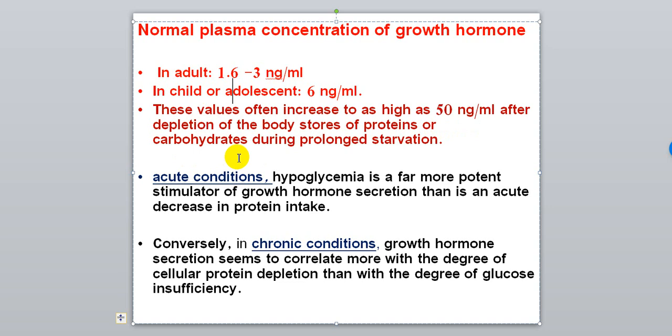That means if there is severe deficiency of carbohydrate and proteins when a person is under starvation or fasting for a prolonged period, there is a severe requirement for energy that stimulates the pituitary gland to produce as large quantities of growth hormone as possible, as an attempt to provide energy for the body.